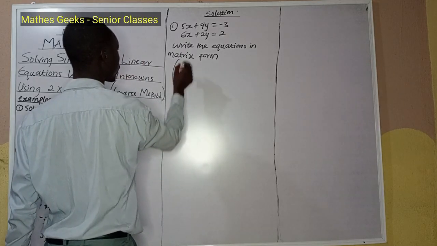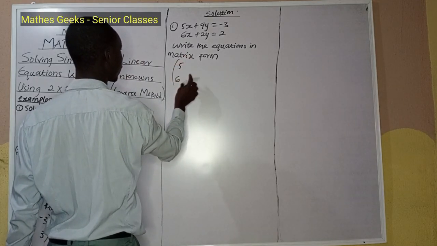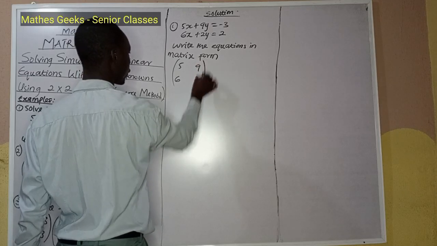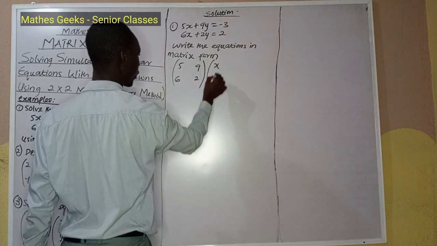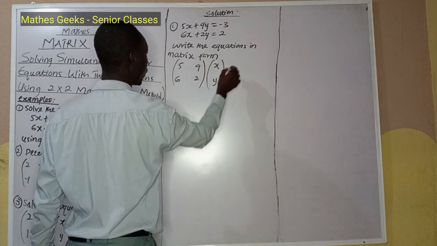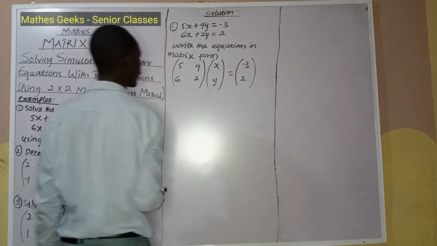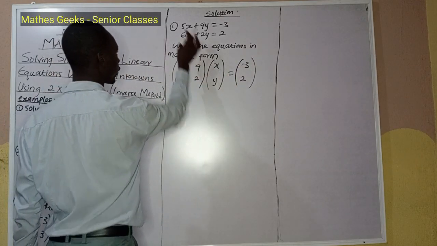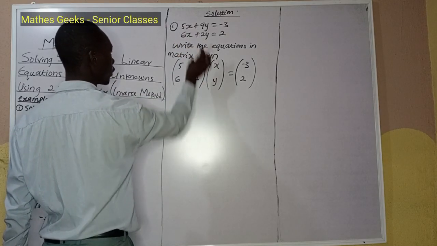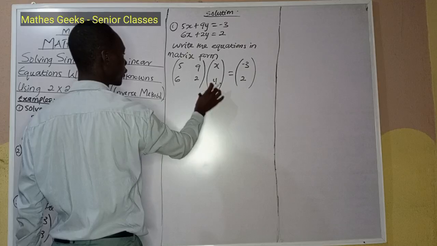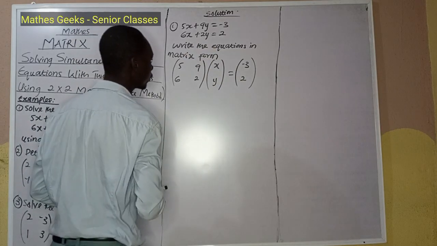It will give us 5, 6, 9, 2, times x, y, equals minus 2, 2. Let's check. 5 times x, 5x, 9 times y, 9y, equals minus 2; 6 times x, 6x, 2 times y, 2y, equals 2. So that's correct.